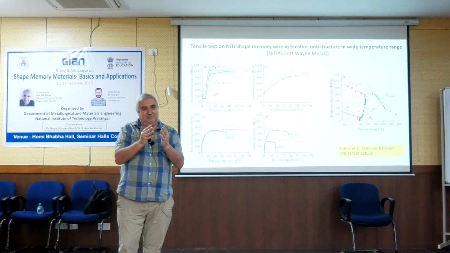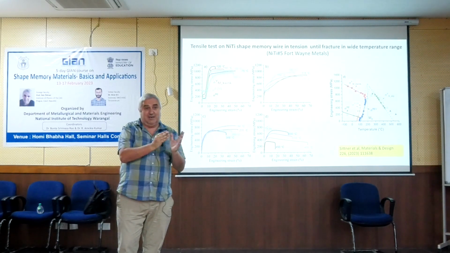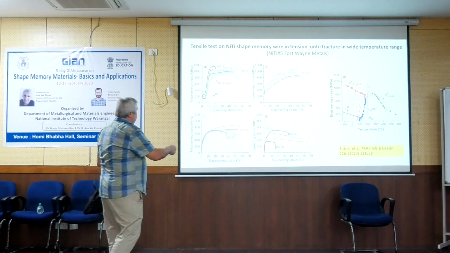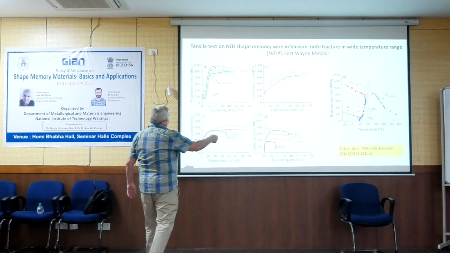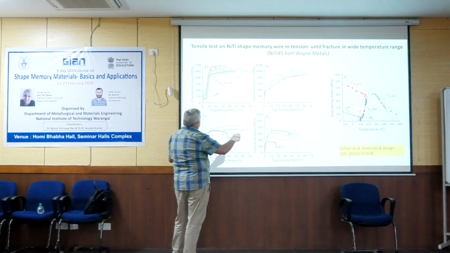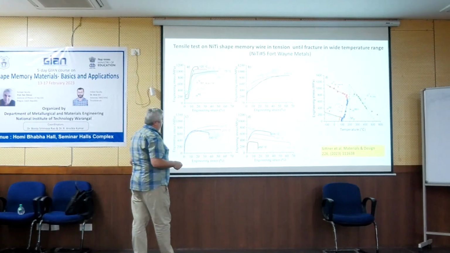Because the martensite is softer than the austenite, it is induced by the stress, because the stress for inducing the transformation is quite low. The austenite is not deforming plastically, but martensite is deforming plastically.